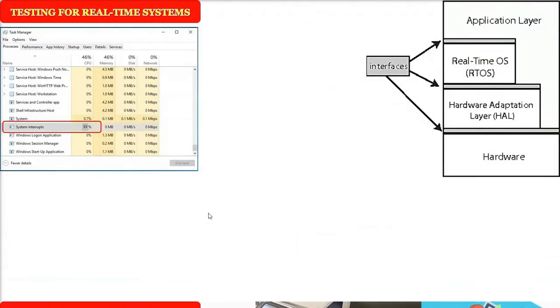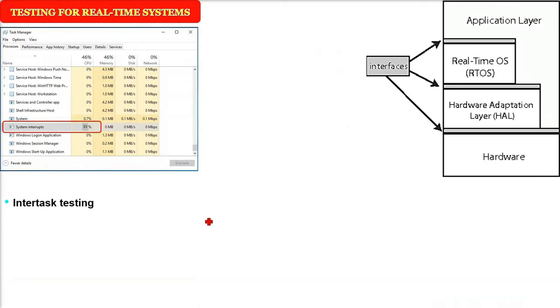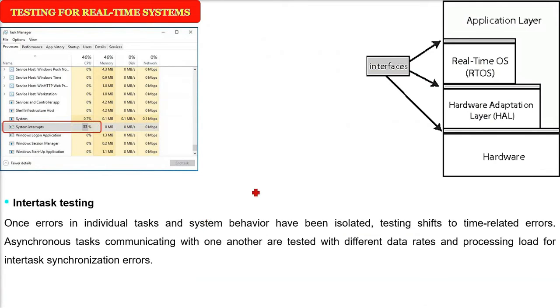What is the third one? Inter-task testing. See, once the errors in individual tasks and system behavior are isolated, you have found them and done something for them, now our testing will shift to the time related errors because this is a real time system.